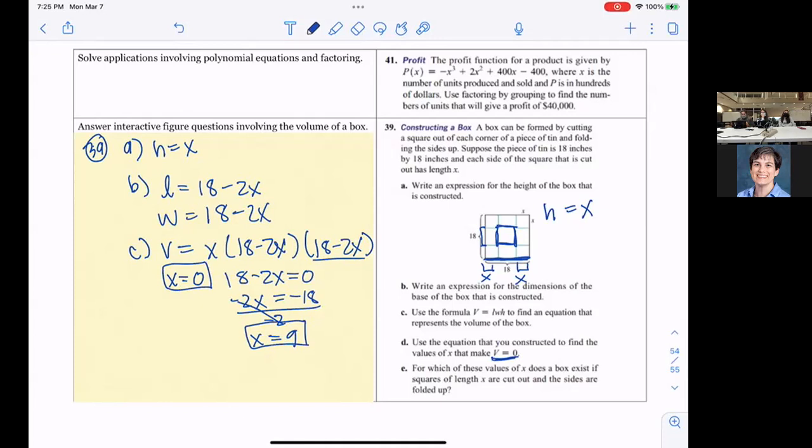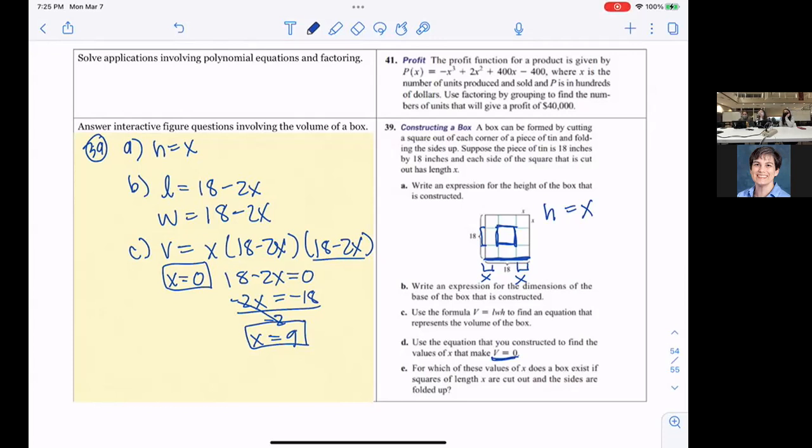And then E: for which of these values of X does a box exist if squares of length X are cut out and the sides are folded up? Do you understand that question? I'll read it. Does a box exist if squares of length X are cut out and the sides are folded up?